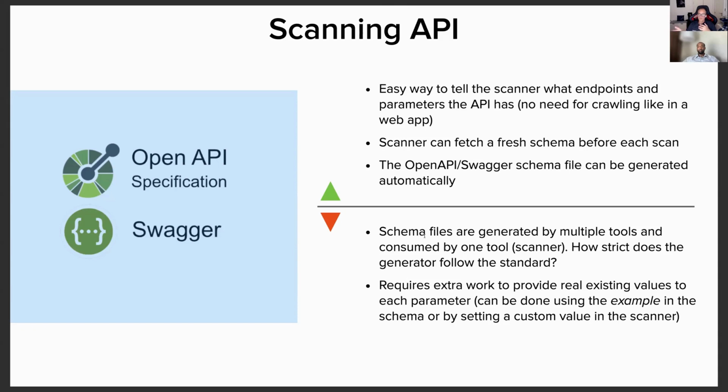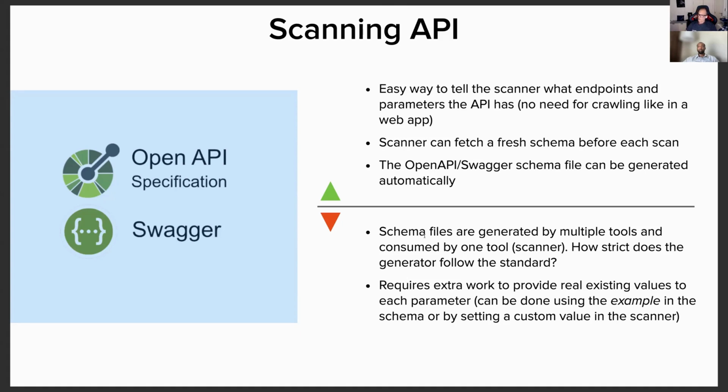And here you might have some problems, because depending on how strict your generator is in terms of the standard, we often see a lot of schema files that don't even pass the schema parsers that you have available online. So it really depends on the tools that you use and how strictly the generator follows the standard.